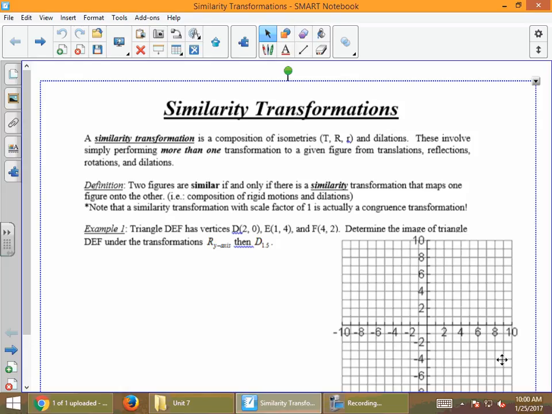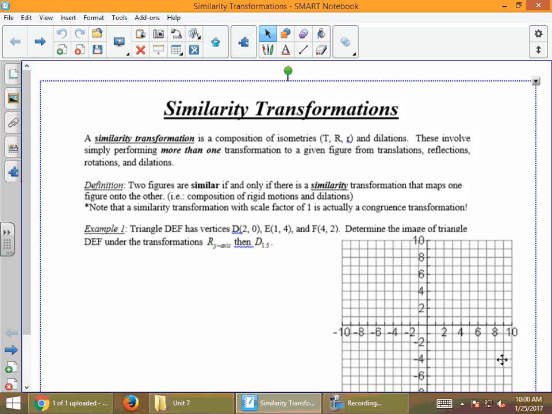Okay? By definition, two figures are similar if and only if there is a similarity transformation that maps one figure onto the other. In other words, you do some sort of rigid motion, let's just say a translation, so you slide the figure. Then you do a dilation, right, so you make it bigger or smaller.